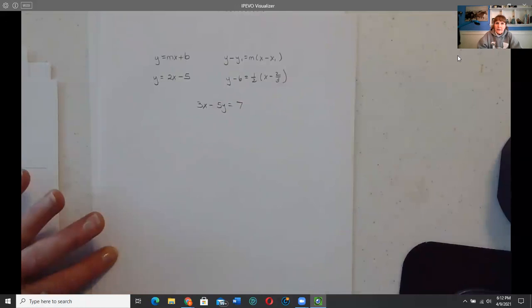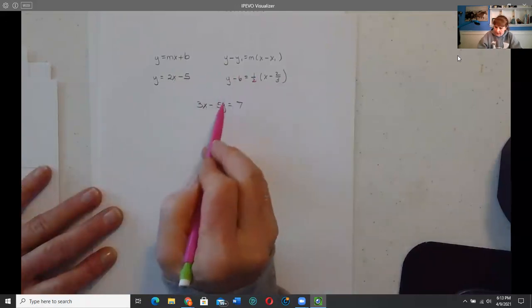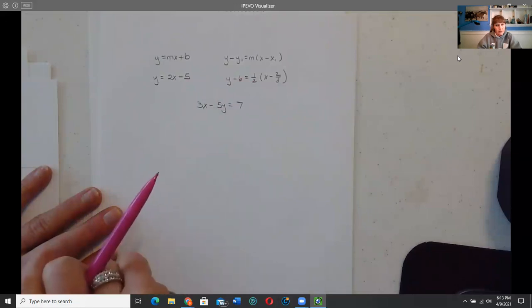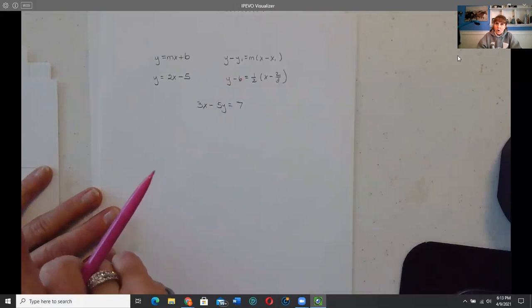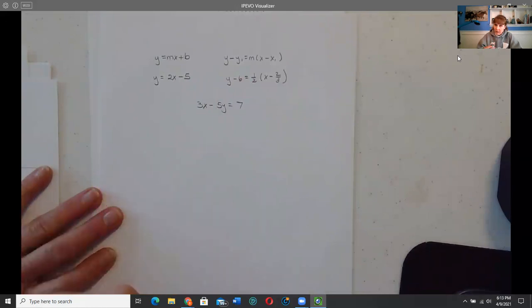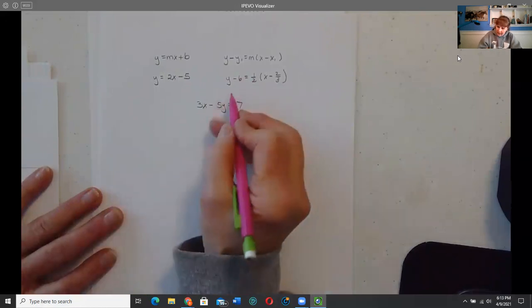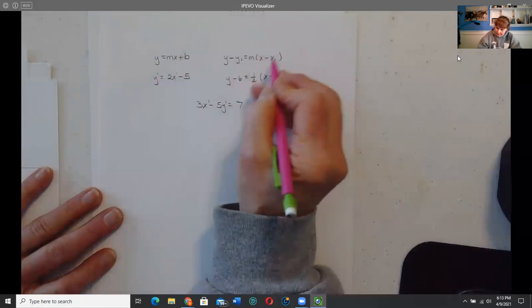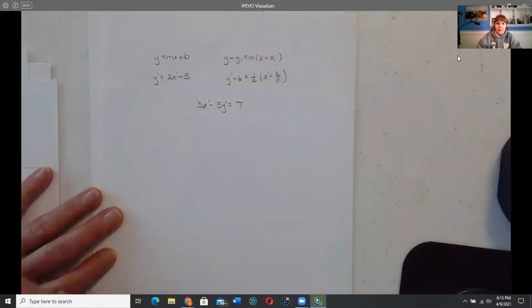One of the characteristics of either of these is that all the exponents on the x's and the y's are equal to 1. So in order to be a linear equation, one thing has to happen: the exponent on these variables needs to be to the first power. All right, that's our first one.